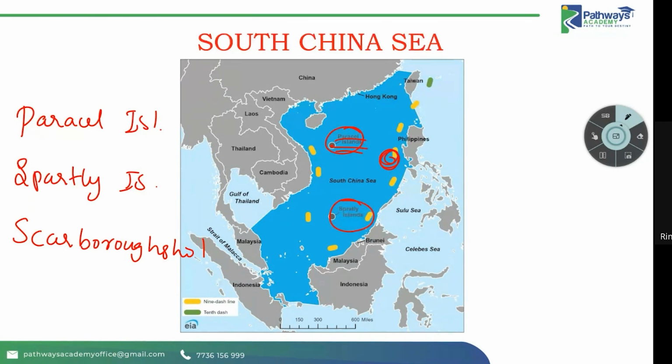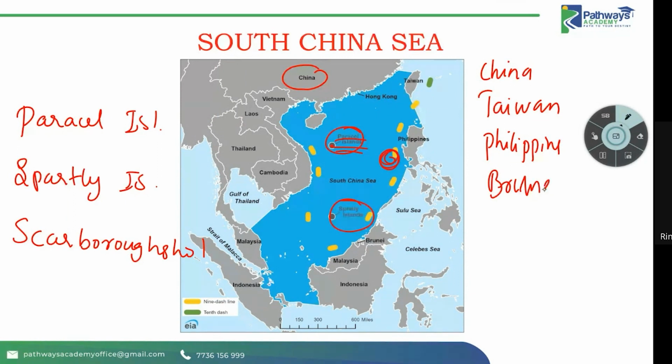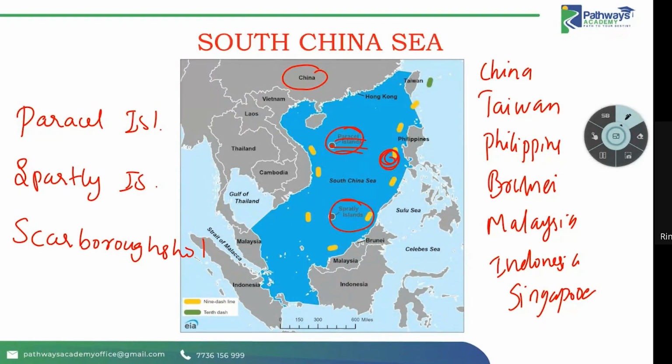And the nations encircling the South China Sea. The nations which border the South China Sea include China, Taiwan, Philippines, Brunei, Malaysia, Indonesia, then Singapore, Vietnam, then Cambodia and Thailand also have a border with the South China Sea.